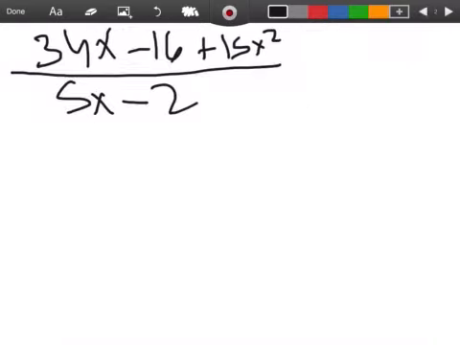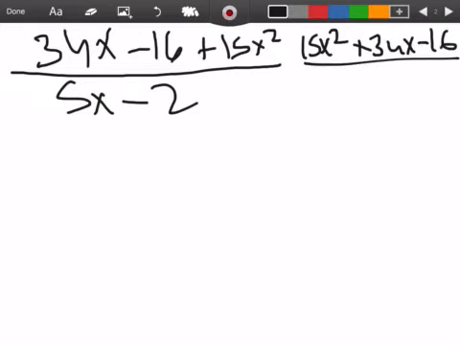So let's do another one. So we have 34x minus 16 plus 15x squared over 5x minus 2. So first thing we would do is rewrite it as 15x squared plus 34x minus 16, divided by 5x minus 2.